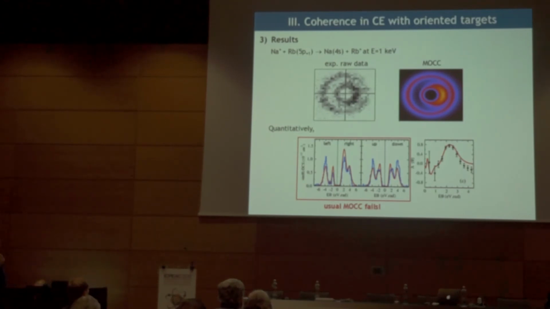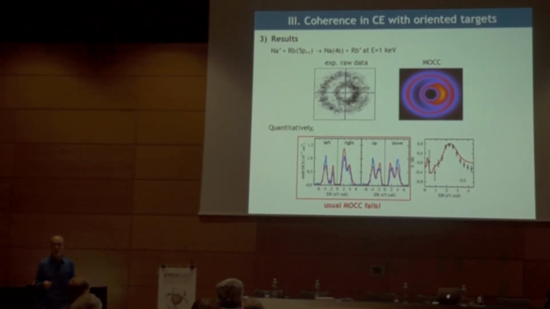And here, excuse me, things are changing a lot, because we see that all the distributions are formed by two peaks, which correspond to the two rings observed in the 2D plots. But while MOTRIMS provides a maximal outer peak, we see that this is the opposite in the MOCC calculation.